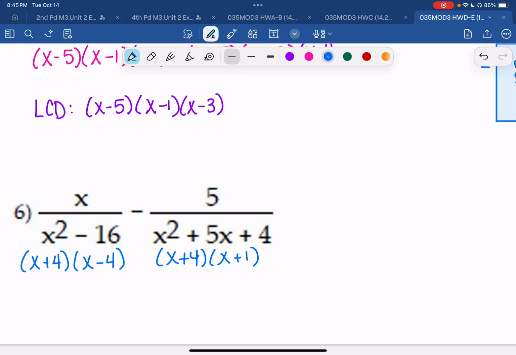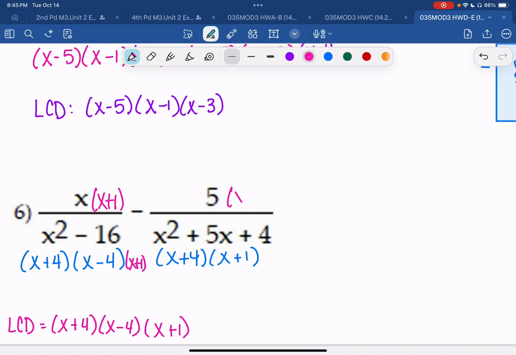So LCD. I know, again, it's got to have all the first ones, so x plus 4, x minus 4, but it also needs to have that x plus 1. So that means this one's missing the x plus 1. This one's missing the x minus 4.